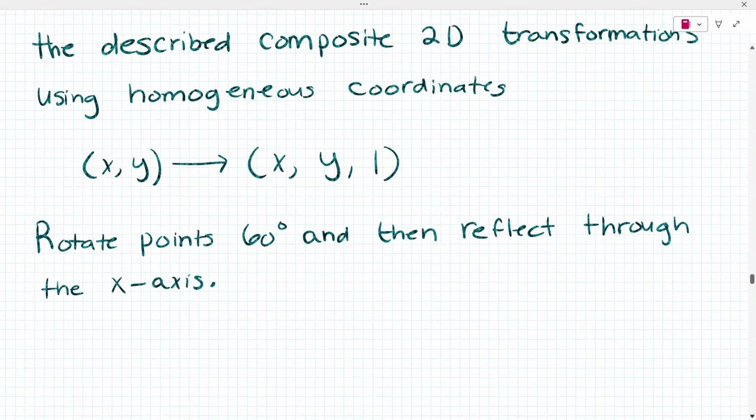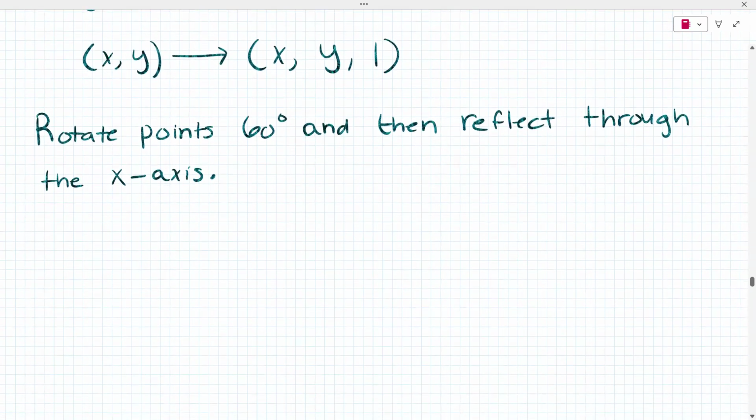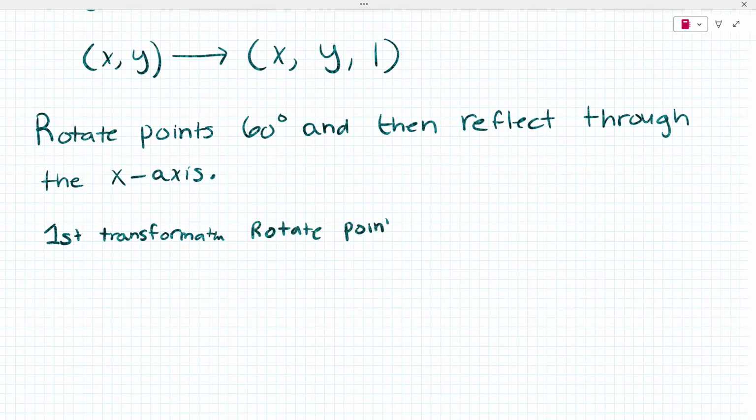So what we have to do first is a transformation: rotate points 60 degrees. Then reflect it through the x-axis.